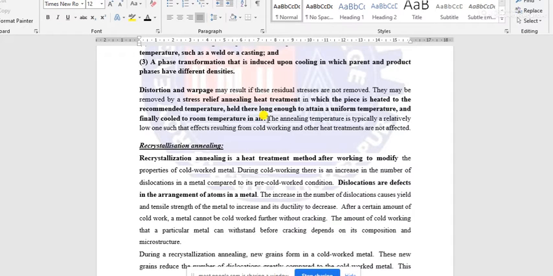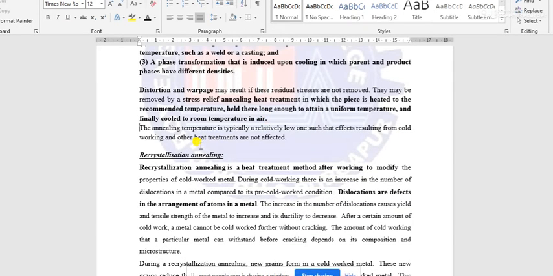And the annealing temperature is typically relatively lower than in other heat treatment processes, so that the effects of other heat treatment processes or cold work processes are not affected by this heat treatment process.